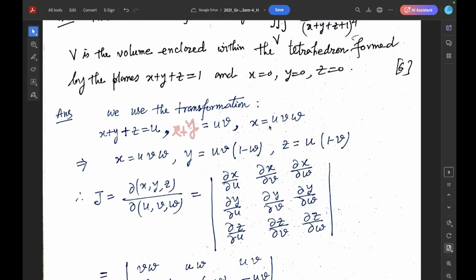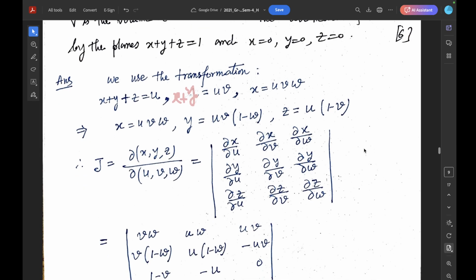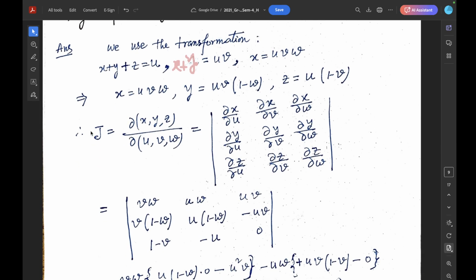So x equals uvw, and y equals uv minus x, which is uv times 1 minus w, and z equals u minus uv, so taking common u, this is u times 1 minus v. And this is the Jacobian for this transformation.